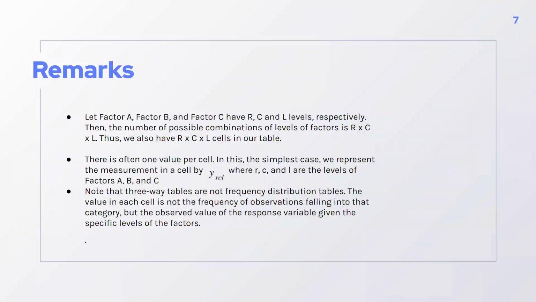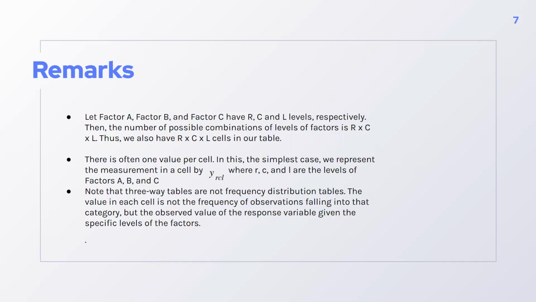Pero kaya nga tinatawag dito na in the simplest case, the Y sub RCL is just Y sub RCL because it only has one value. And pag nadagdagan pa natin siya ng value, instead of RCL, madadagdagan pa ng letter. So, pwedeng Y sub RCLX. Pwedeng ganun po yung mangyari kung merong X values sa iisang cell natin.